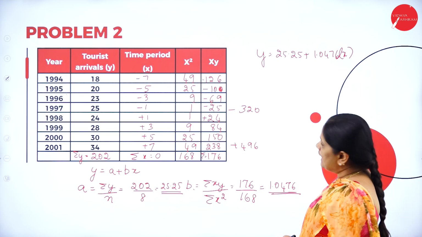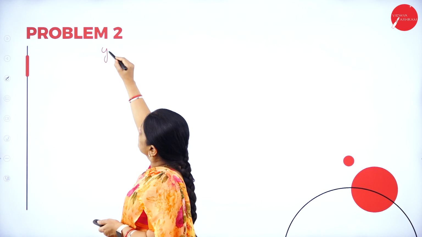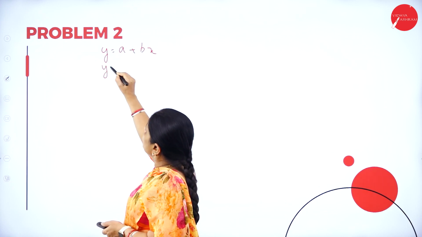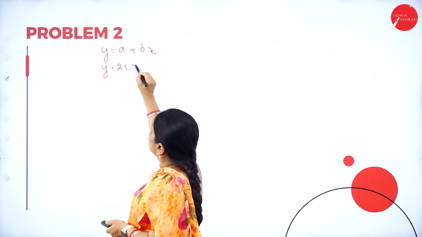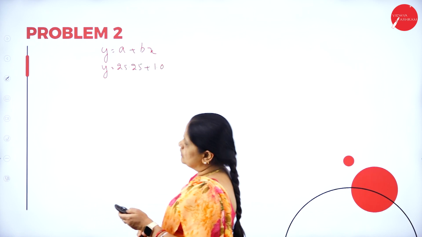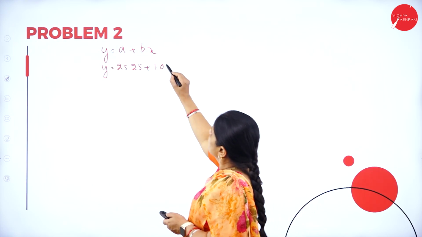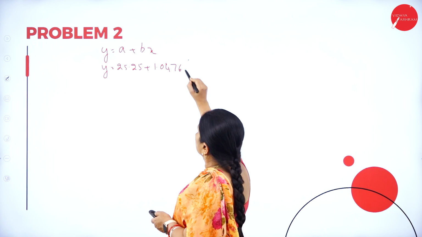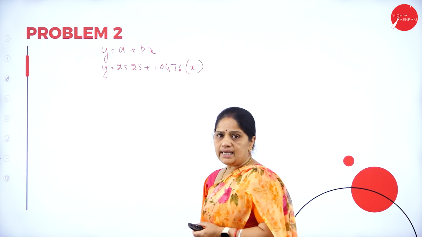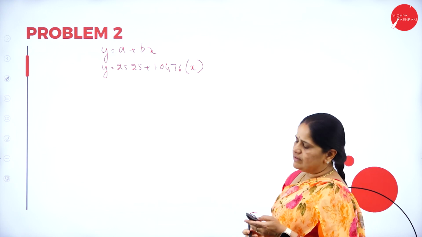So in the next slide, we will write y equals a plus bx. So y will be equal to 25.25 plus 1.0476 into x. This is the equation. Now slowly we have to write the trend values.